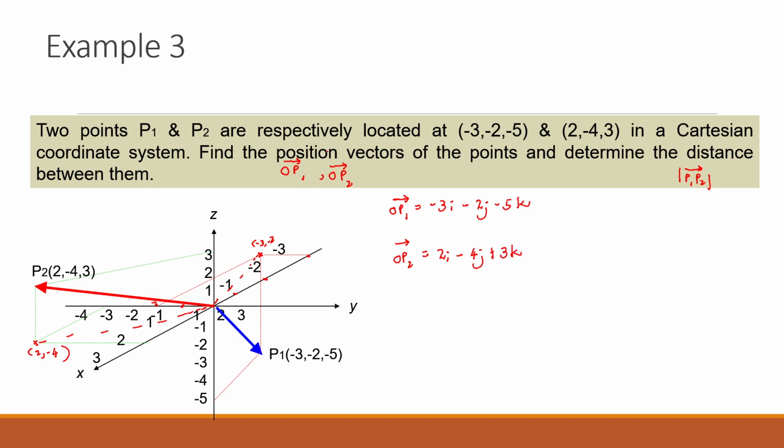You want to know the distance between them, which is the magnitude of P1P2. Then you need to find the distance vector P1 to P2. You take vector OP2, the ending point, and deduct vector OP1.